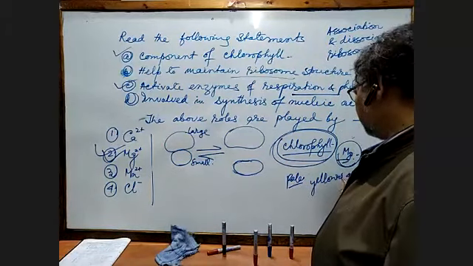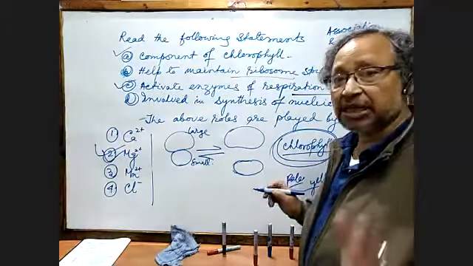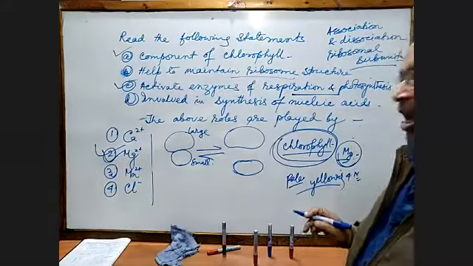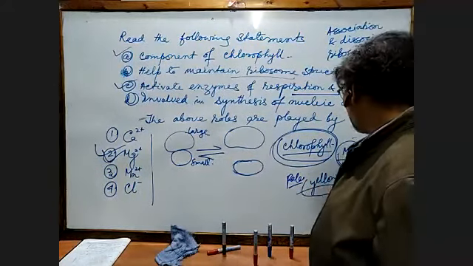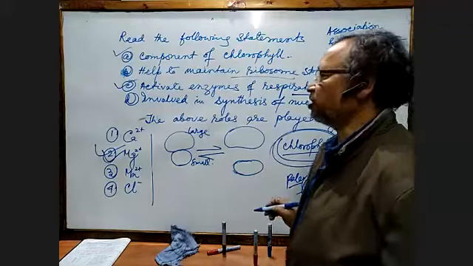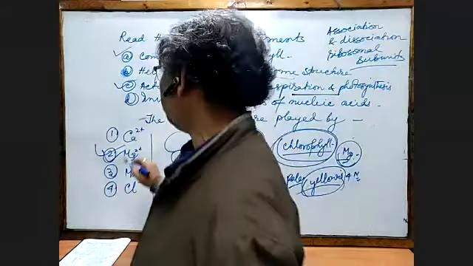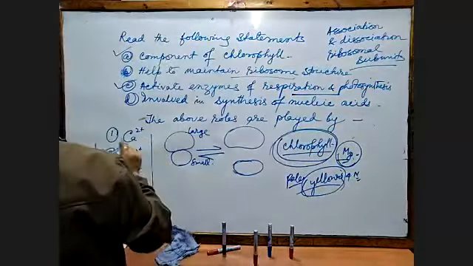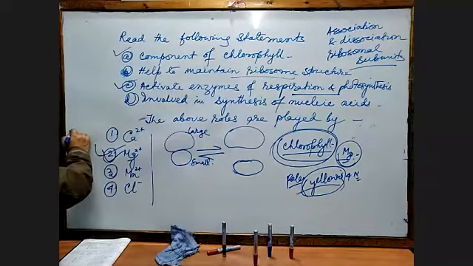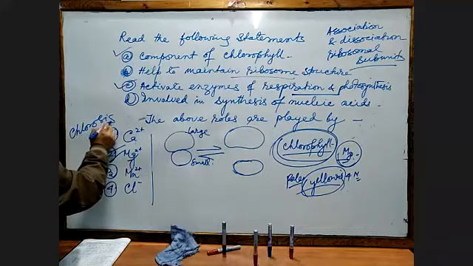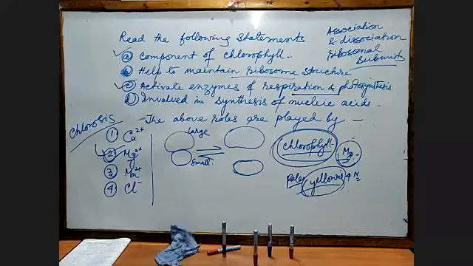Yellowing of the leaf takes place, and that is known as chlorosis.